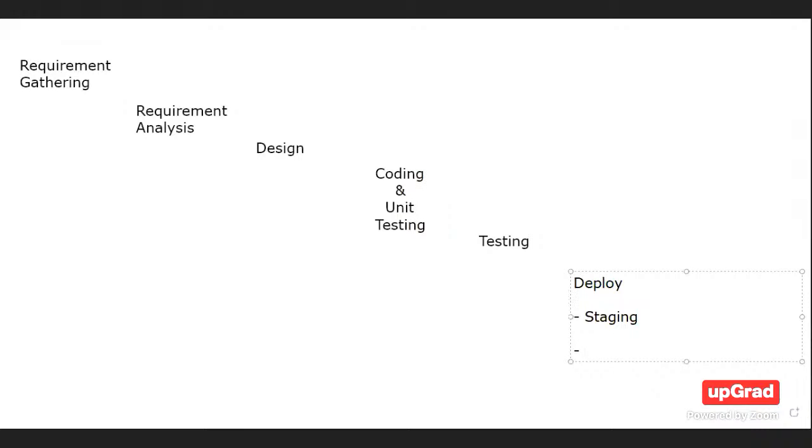Then finally, you deploy on the final production environment. And then there is maintenance, where there can be bugs, or rather requirement changes and feature configuration changes. Based on requirement changes, the entire cycle can repeat itself. These are typical phases that your application generally goes through.